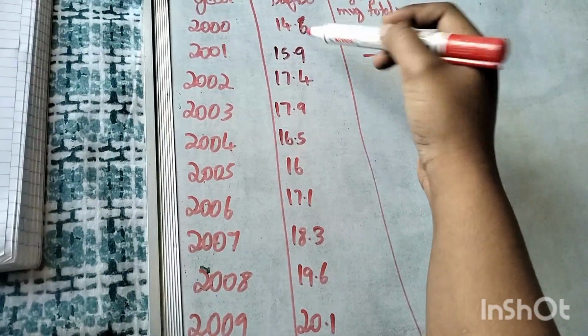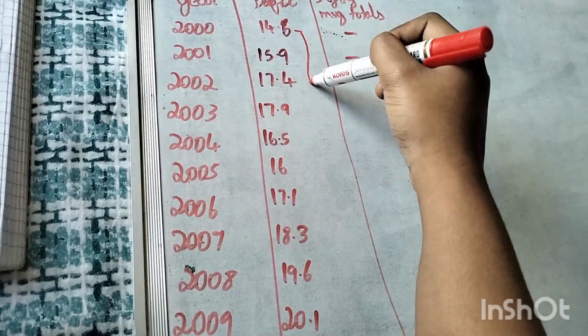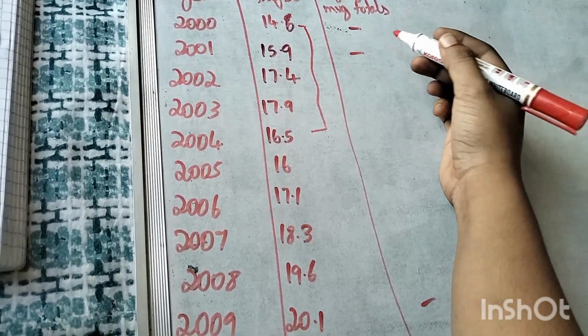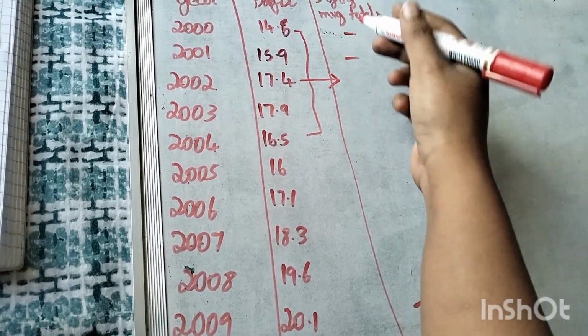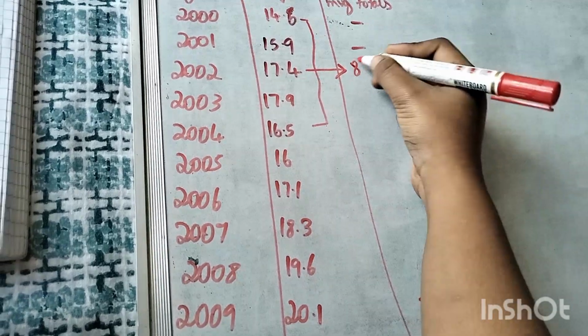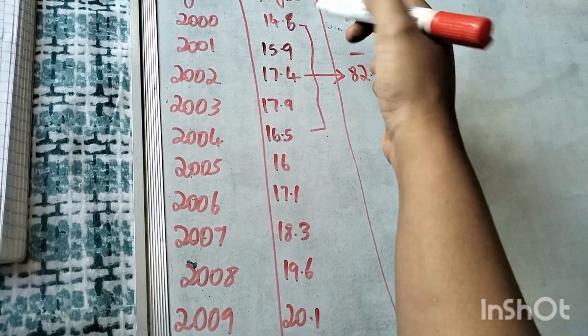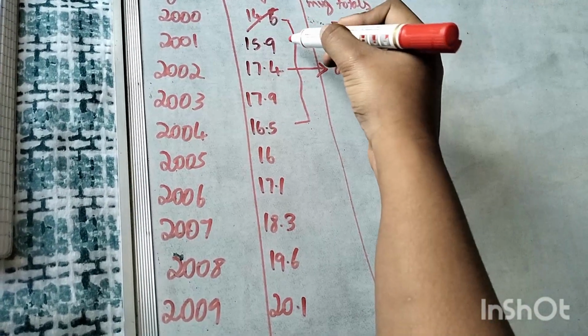And then you start adding 5 numbers, 1, 2, 3, 4, 5. So the total is, you are going to write it near the third value. That's going to be 82.3. Score out, and then the next 5.